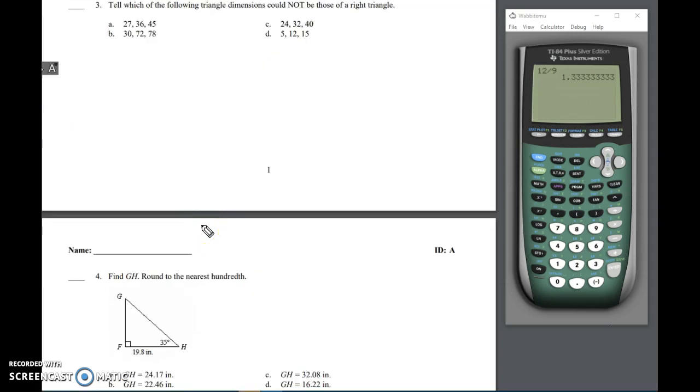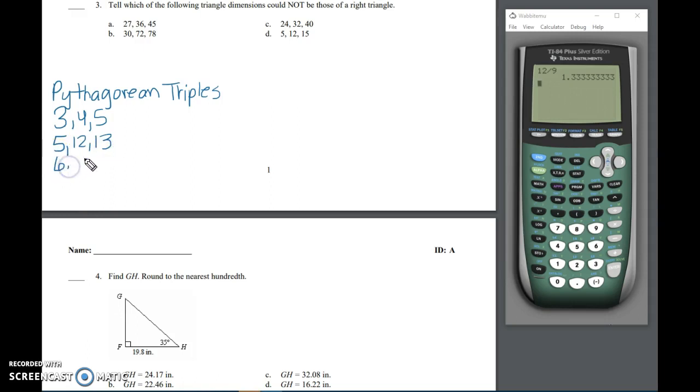Okay, number 3 says tell which of the following triangle dimensions could not be one of those of a right triangle. Well, I want to point out our Pythagorean triples. Those are helpful in these situations. We had several sets of numbers that were triples. We had our 3, 4, 5. We had 5, 12, 13.